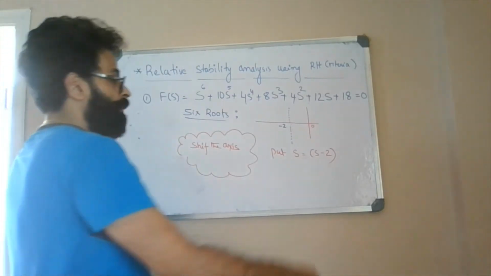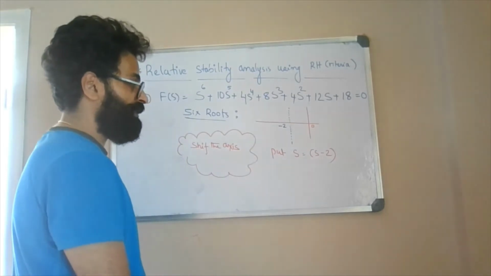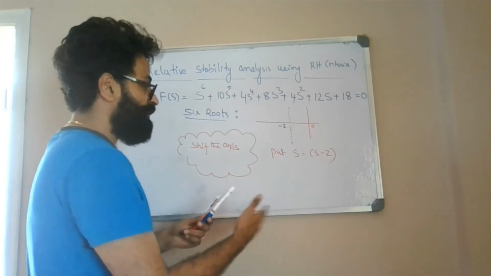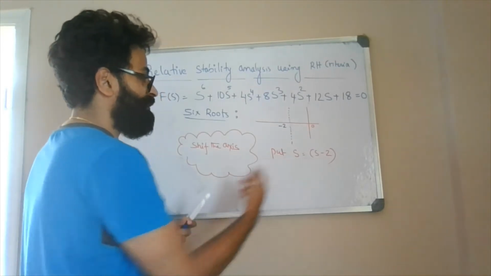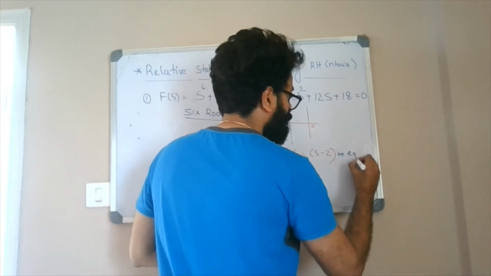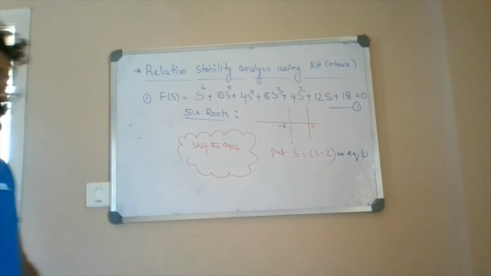Now, what we have done is we have shifted the axis to a newer location, which is at -2. So what you have to do is put s is equal to s minus 2 in equation 1, where equation 1 is nothing but the characteristic equation.